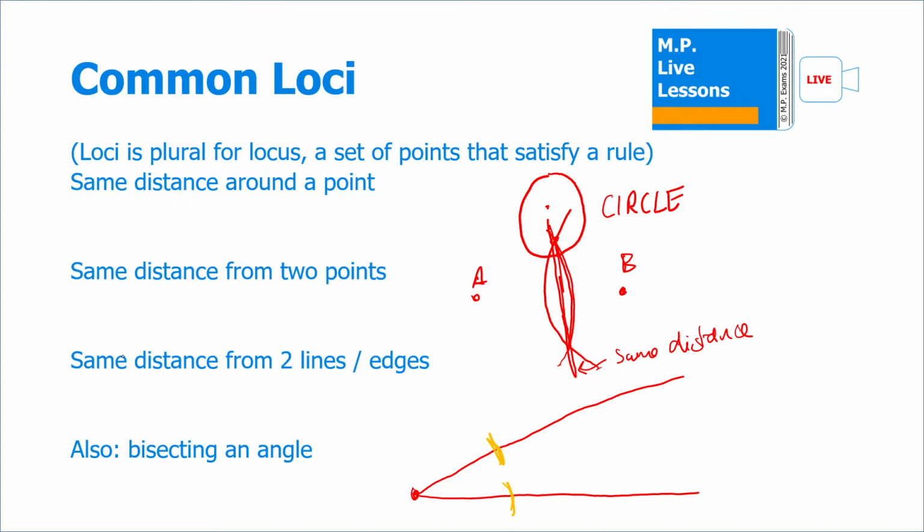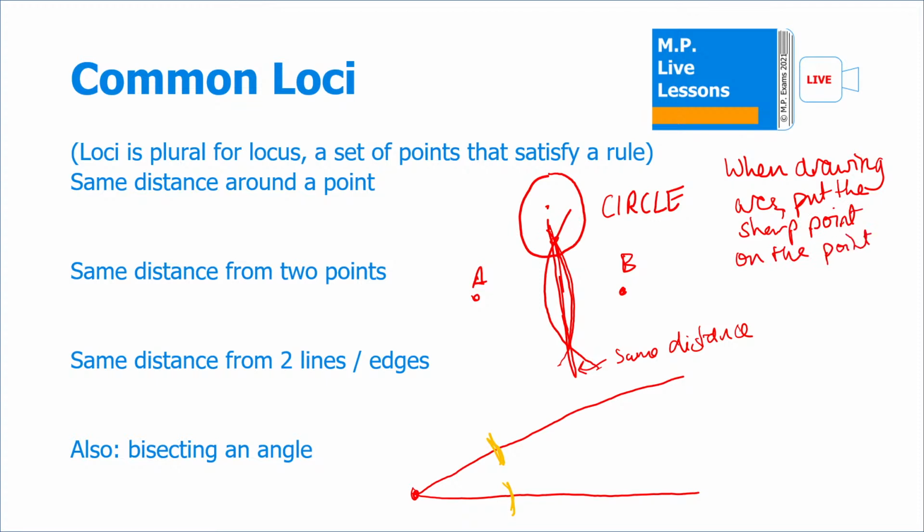So when you're drawing arcs, then your second set of arcs would fall just in between, right here. And whereabouts they cross, like this, that's where you then draw your line outwards, where these two arcs meet.